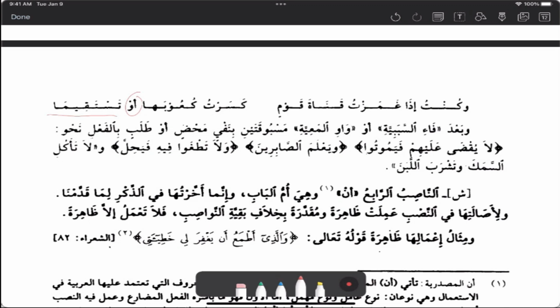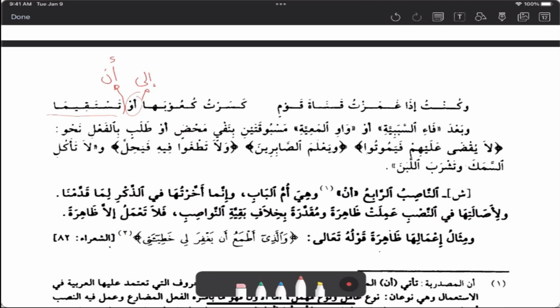So أو here means إلى. أو means إلى, and n is intended in there. Ila an tastaqima, until. So aw here means until. It works in English. You could say or with the meaning of until or unless.